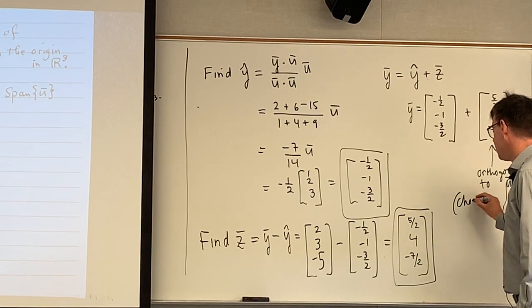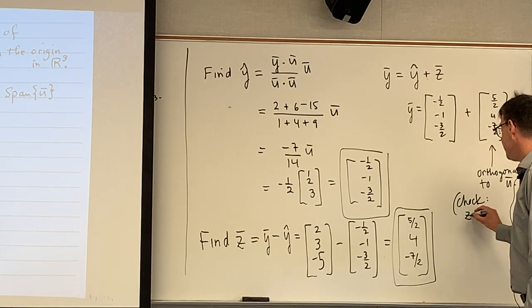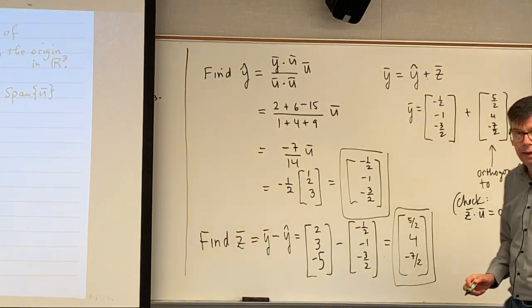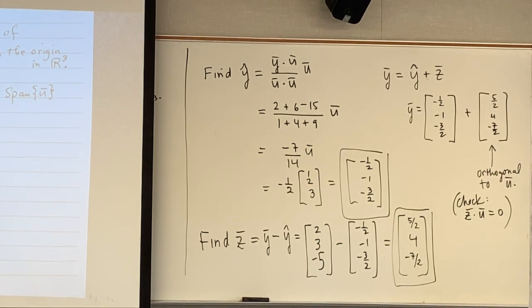So I'm just saying check that z dot u is 0, because that's kind of what we were after there. And that really is just your parallel perpendicular decomposition, where you have all those 110C formulas about it, right? Where you probably had to do that on some Math 110C exam.